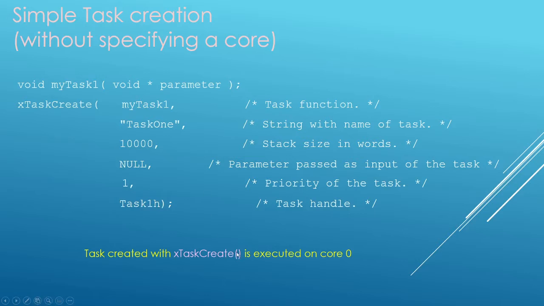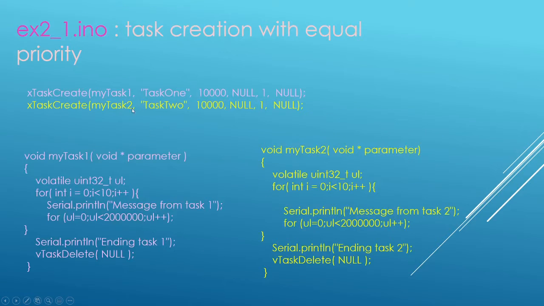And you see that the task created using xTaskCreate is executed on core 0. So it's always on core 0 if you create it with xTaskCreate like this.